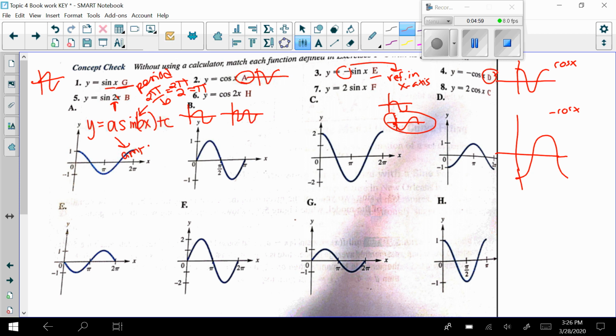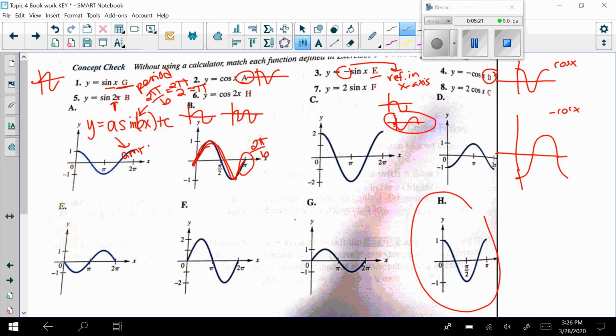So this one looks like B. Notice the cycle goes through and it only took pi to do it because that's the period, 2 pi over B. 6 would be H.